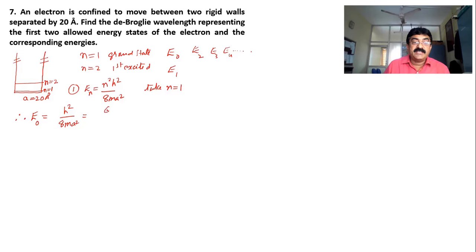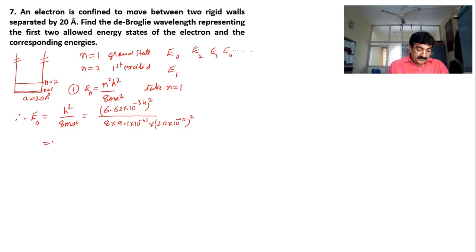Well, h is 6.62 into 10 to the power of minus 34 whole square divided by 8 into 9.1 into 10 power minus 31 into 20 into 10 power minus 10 whole square. So this is the energy corresponding to ground state.